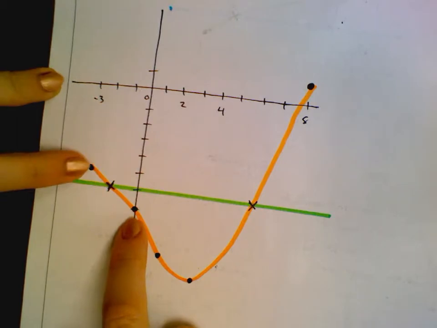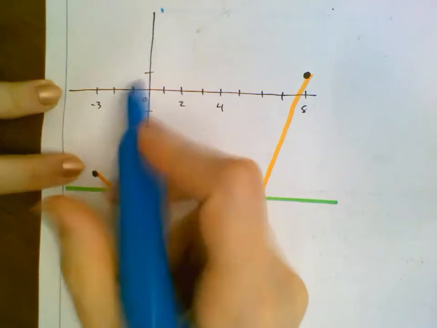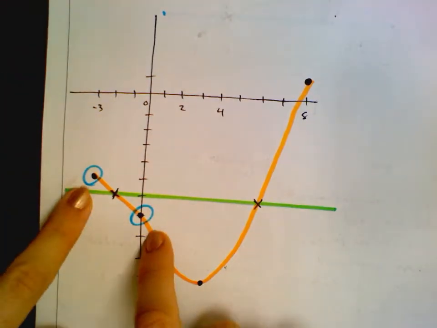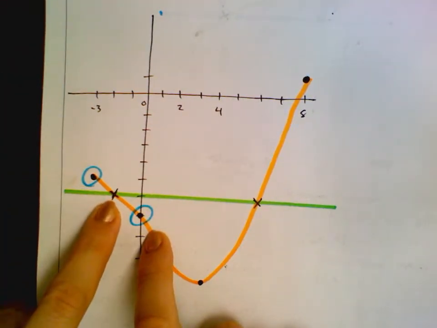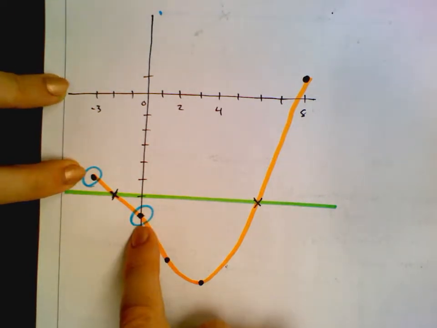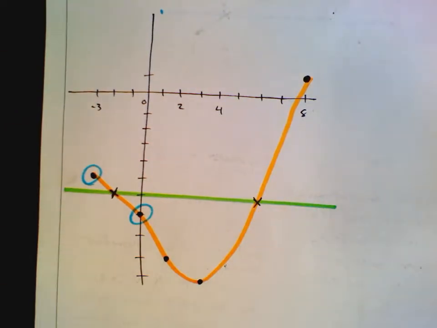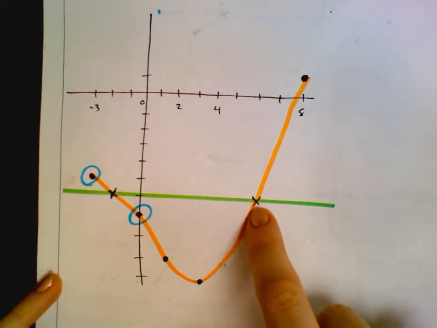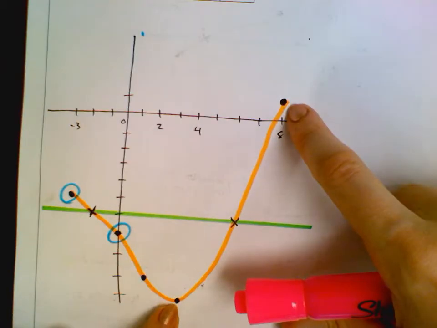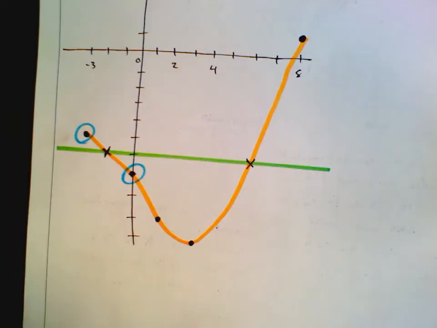All right, I've got these two points from the table. Negative 6 is an intermediate value for f of negative 3 and f of 0. Okay, so I can use that interval. Now over here, negative 6 is again an intermediate value for these two values.